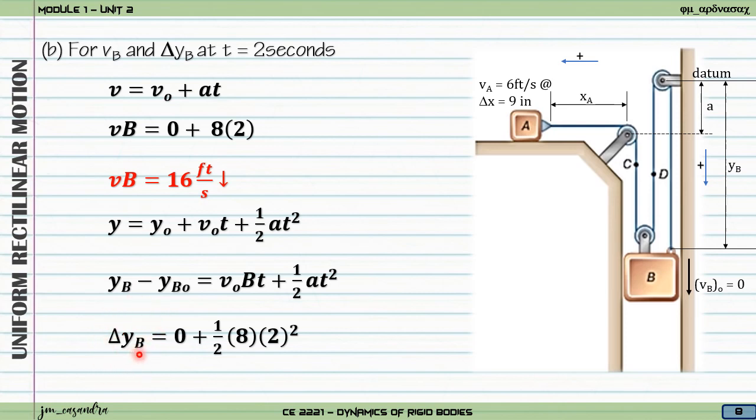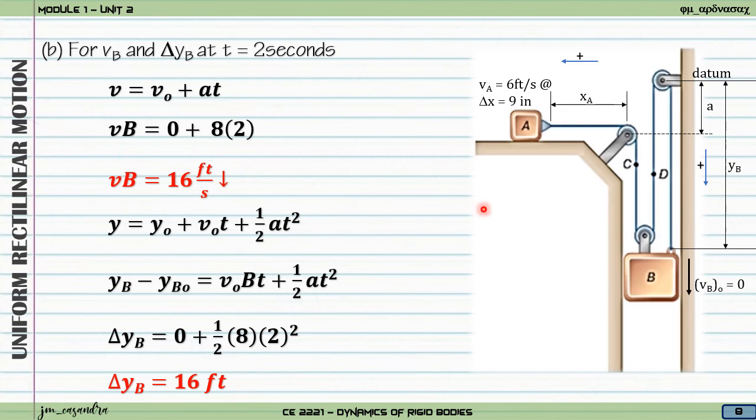So substitute our other givens. V sub o is 0 times time, plus 1/2, acceleration is 8, at the instant 2 as our time, squared. Therefore, after 2 seconds, B has already traveled a displacement of 16 feet downwards.